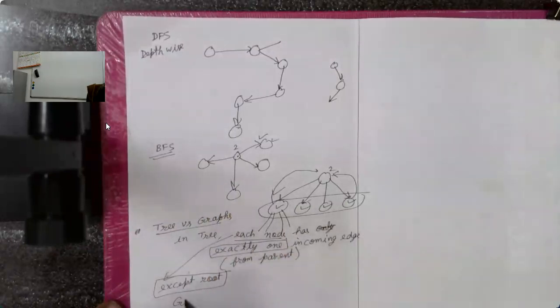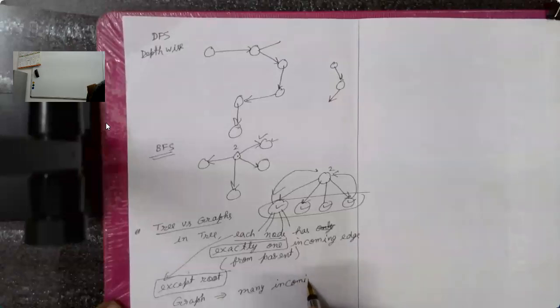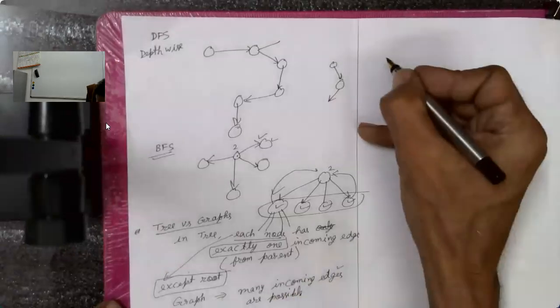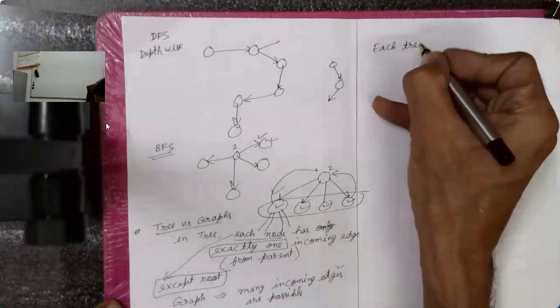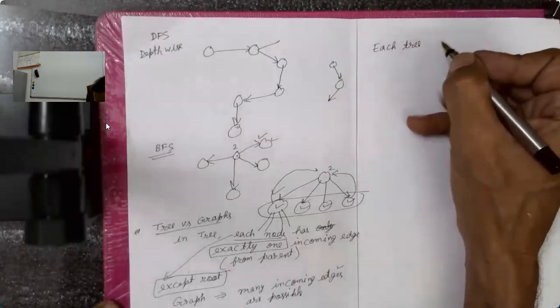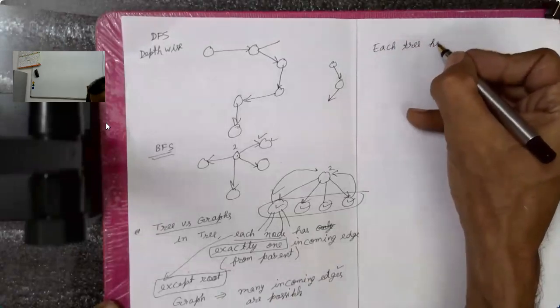In graph, many incoming edges are possible. Hence, there is no hierarchical relation, and graph don't say hierarchical storage, and here many incoming edges are possible. So we can easily say each tree is a graph, because tree also means set of vertices and set of edges.